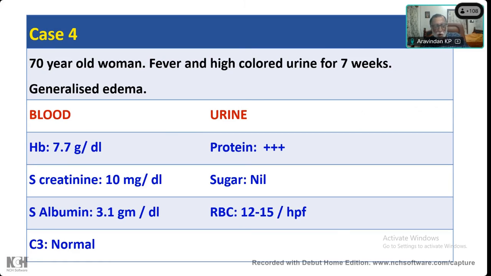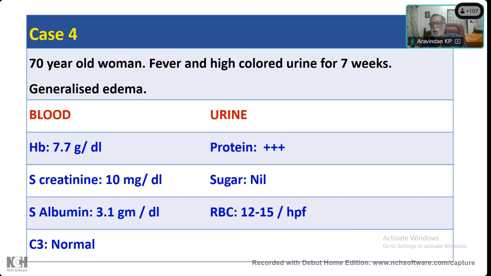But the whole problem here is that within a matter of 7 weeks, very rapidly it has deteriorated, and serum creatinine is now 10 milligram. Almost like an acute renal failure kind of picture.